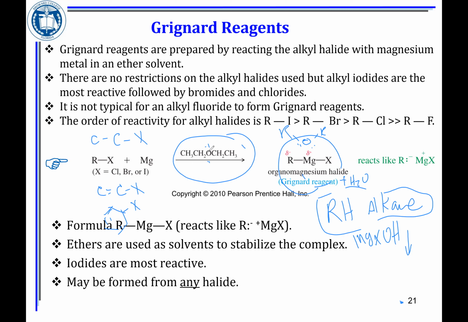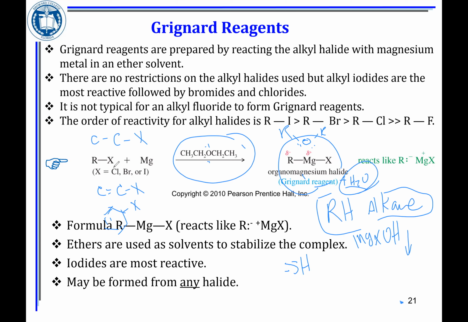So we use diethyl ether as the stabilizing solvent. You cannot use protic solvents like alcohol or water. Neither can SH, like thiol, be used as a solvent. Water, alcohol, or SH cannot be used when you have Grignard reagent until the Grignard reagent reacts.